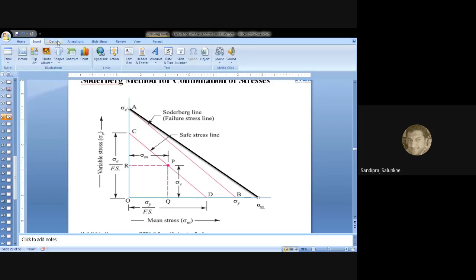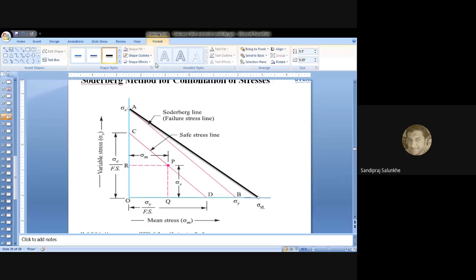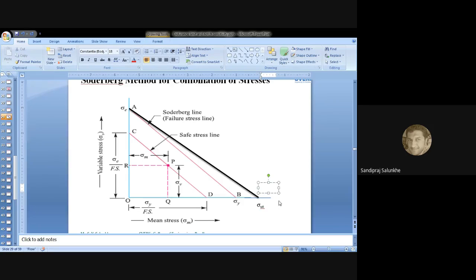Now this Soderberg line is coming under this Goodman's triangle, right? This triangle AO, which we have mentioned here as a B point in the previous case. Now the B point has shifted here, but in the previous case we will say it as the X point. Okay, so when we are going to consider this triangle, which is up to the X, here I will mention this point as the X point.